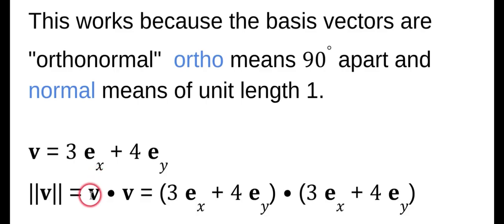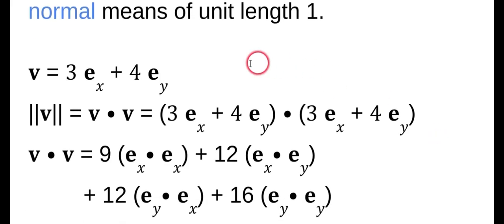So you multiply this by itself: here's the vector, dot, here's the vector again. So we FOIL this, right? The first, 3 times 3 is 9, Ex dot Ex. Outer, 3 times 4 is 12, Ex dot Ey. 4 times 3 is 12, Ey dot Ex. Plus 4 times 4 is 16, Ey dot Ey.